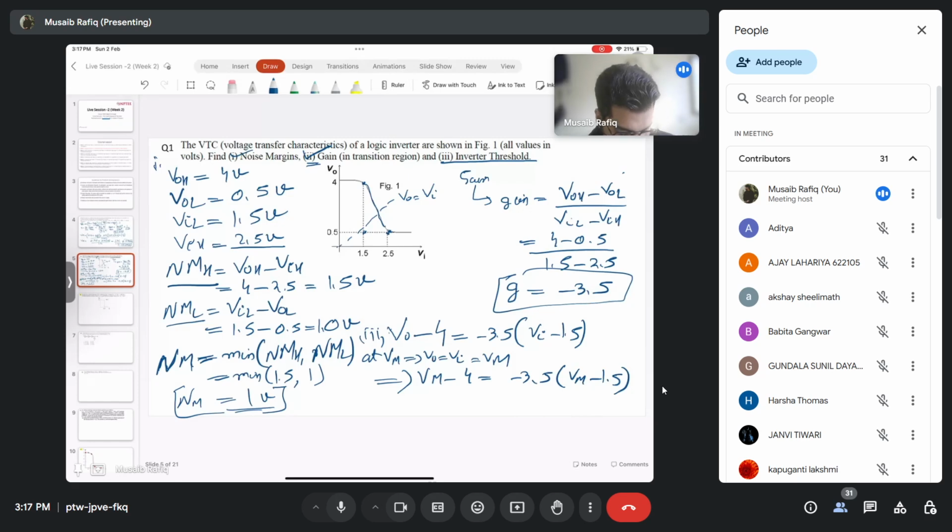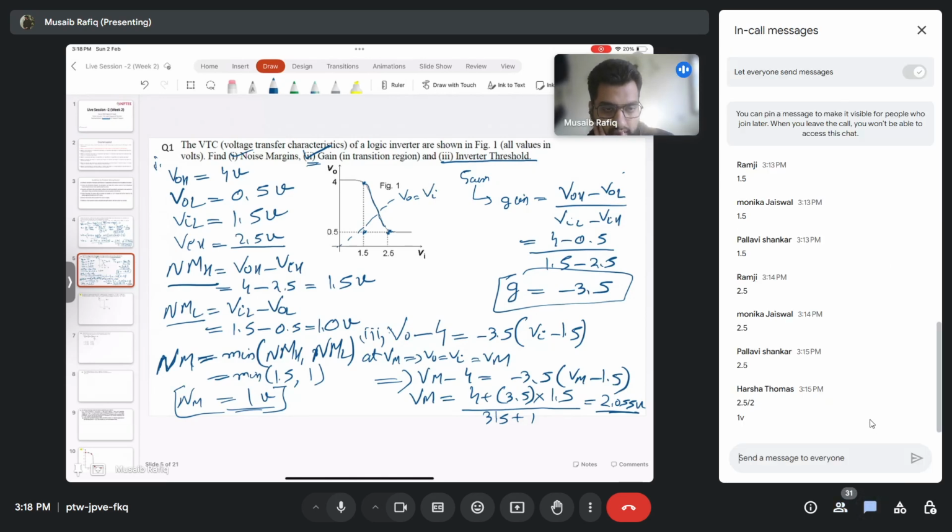So what we can have here is Vm equal to 4 plus 3.5 multiplied by 1.5, divided by 3.5 plus 1, and it comes out to be 2.055 volts. Can you confirm this?